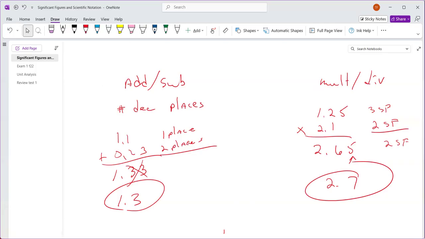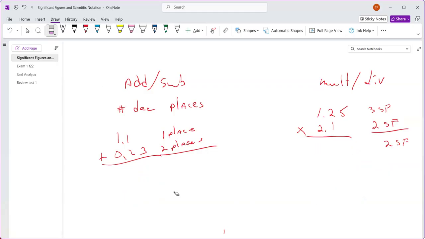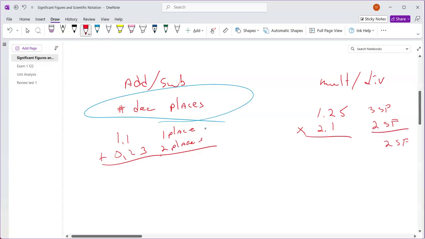All right, so when we're adding and subtracting, like if we're looking at this number here, we're going to add 1.1 to 0.23. We're looking at the number of decimal places. When you're adding, subtracting, just decimal places. How many are there? Okay, so in this one, there's one place, the bottom one is two places.